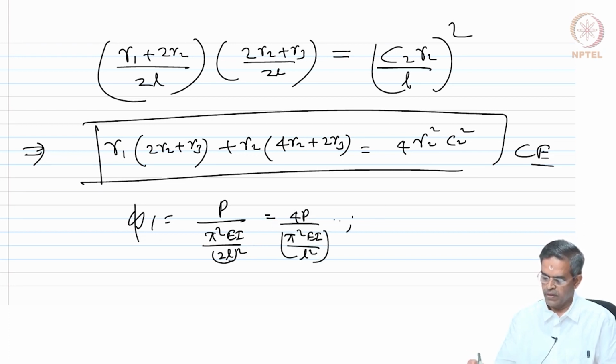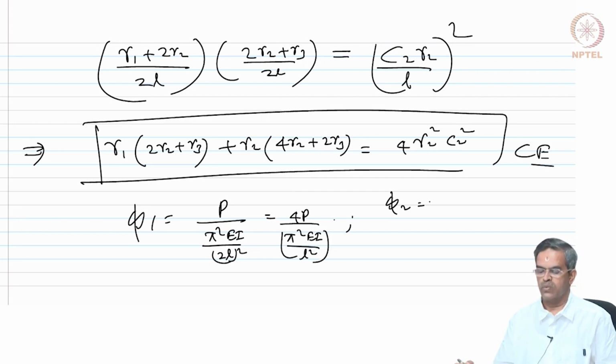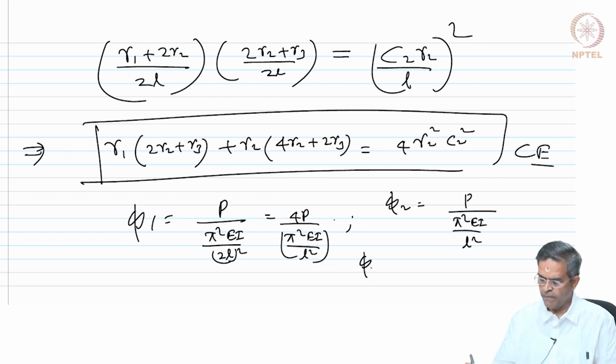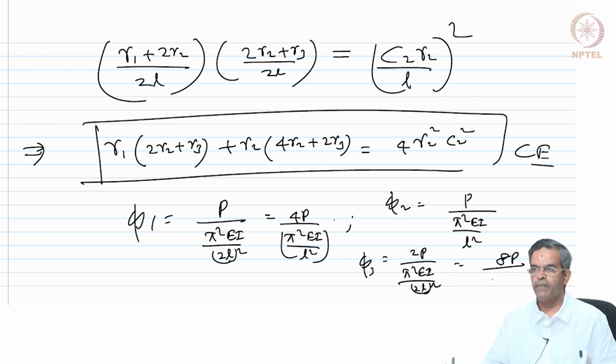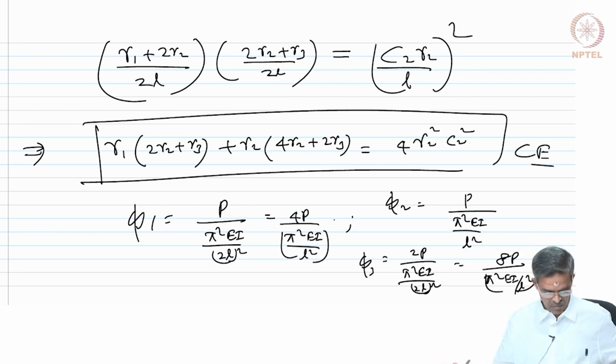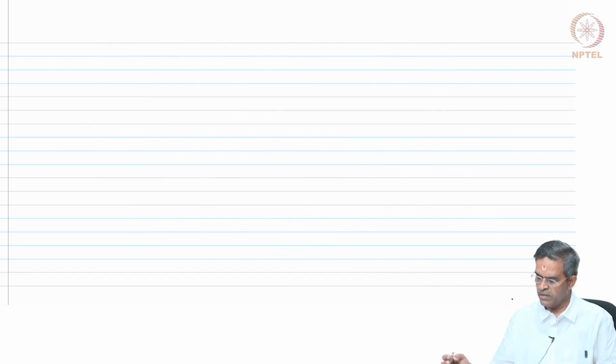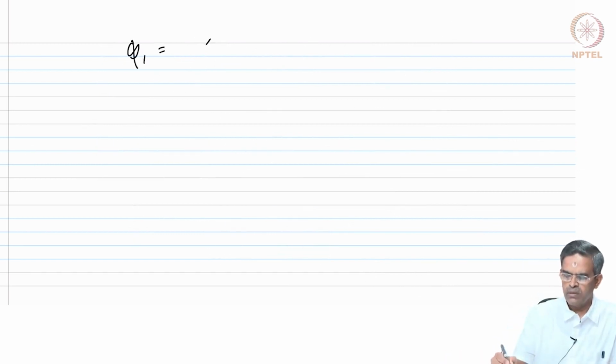Let us say phi 2 is P by pi square EI by L square, whereas phi 3 will be 2P by pi square EI by 2L the whole square, which will become 8P by pi square EI by L square. Okay. So now I can write a relationship where phi 1 is 4 phi 2 and phi 3 is 8 phi 2.